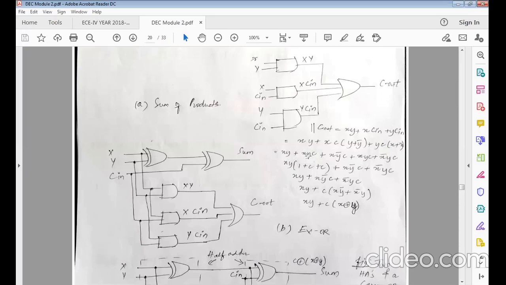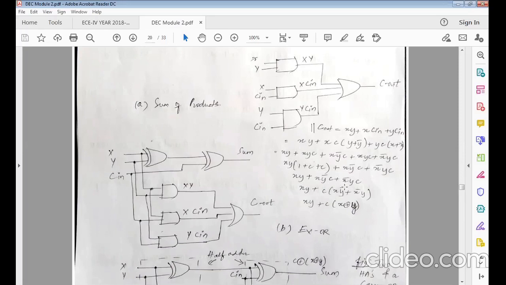So xy plus, with normal multiplication, xyc and xy bar c, then xyc plus x bar yc. Then I take common xy, then 1 plus c, and I keep the remaining terms as they are. Then xy times 1 plus anything becomes xy. So the whole term is xy plus xy bar c plus x bar yc.